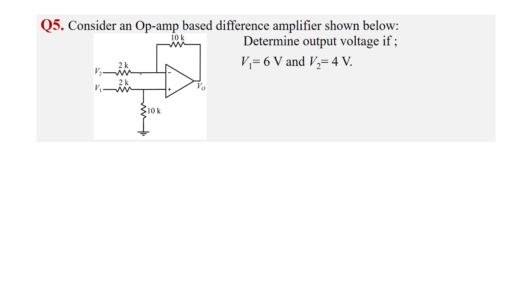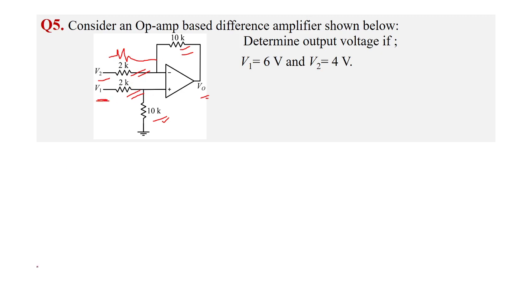So in this question the values of each component have been given, and also the voltages. So we have to find the voltage V0. In the previous question we had all inputs at the same inverting node. But here, V1 is given at the non-inverting node.